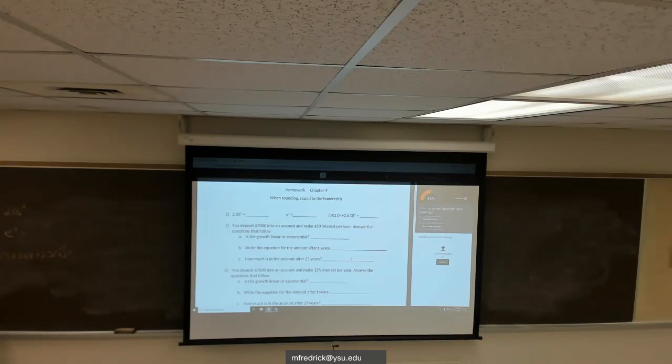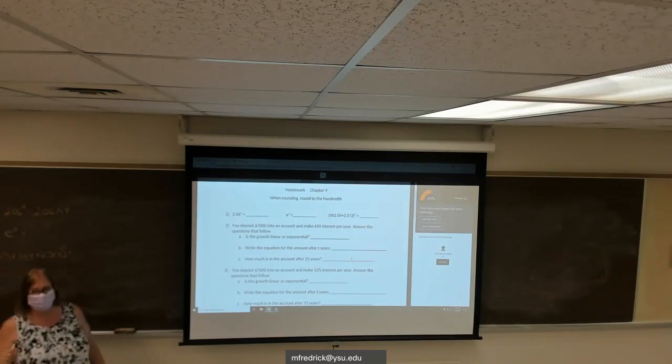Now for an exponent, depending on your calculator, most calculators have a caret button. It looks like this. Some of them have x to the y or y to the x.